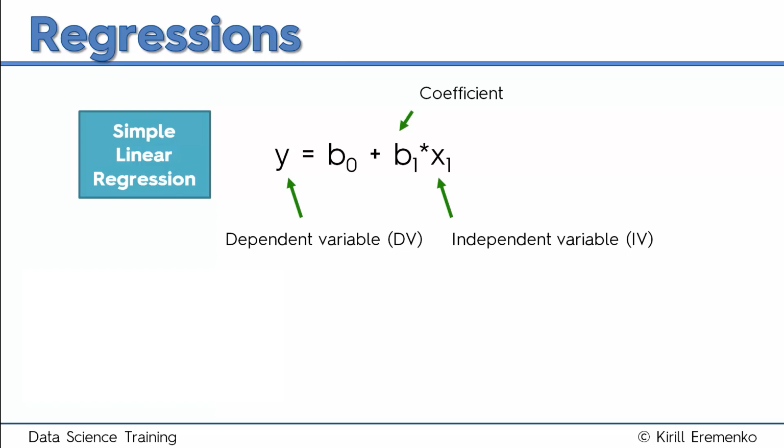Then b1 is the coefficient for the independent variable, and it says how a change in x1, a unit change in x1, and we'll be talking about unit changes a lot, affects a unit change in y.